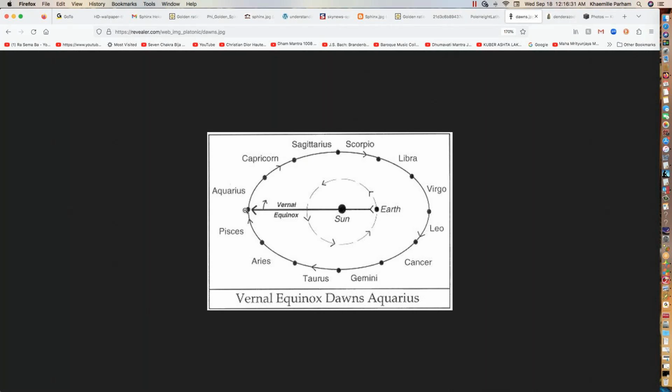Right now in 2024, he's staring at around 5 degrees Pisces. Every 72 years, he stares at 1 degree lower. So if today he's staring at 5 degrees Pisces, in 72 years from now, he'll stare at 4 degrees Pisces. At 72 years from that, you get 3 degrees Pisces. And it's ticking back towards Aquarius, what you will know as the age of Aquarius.